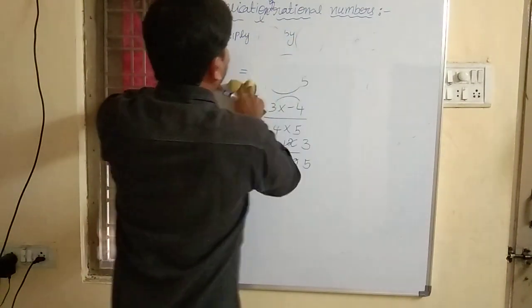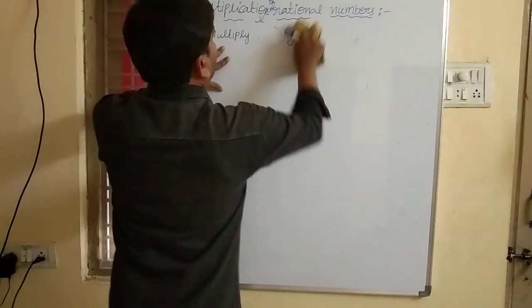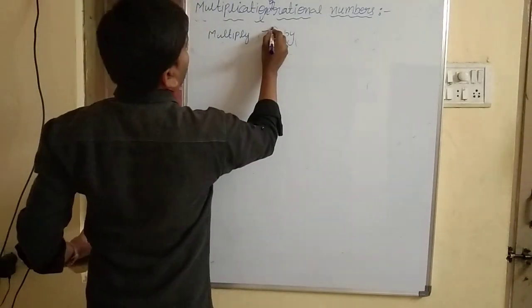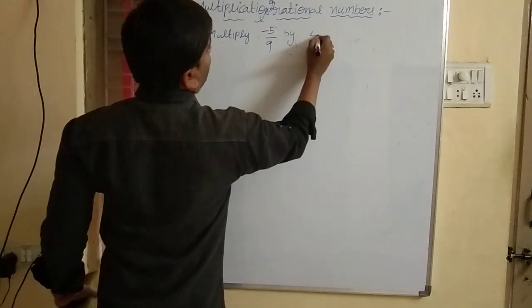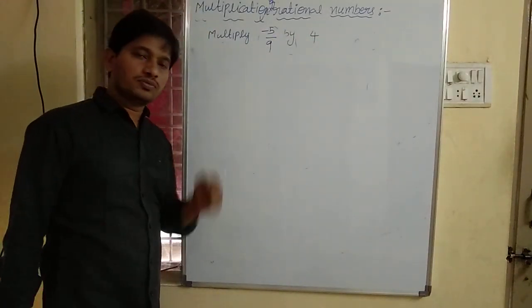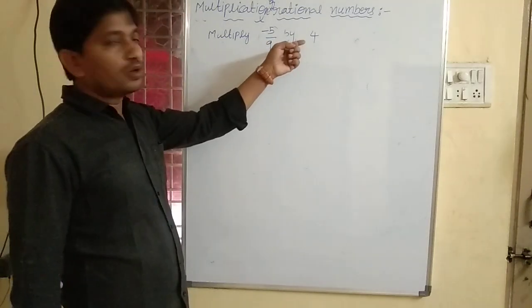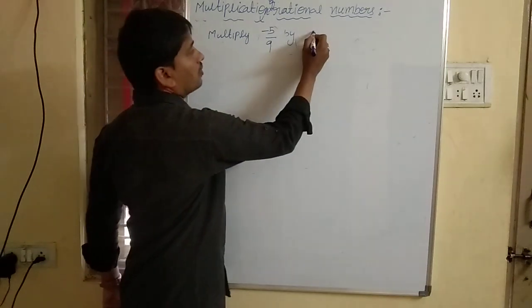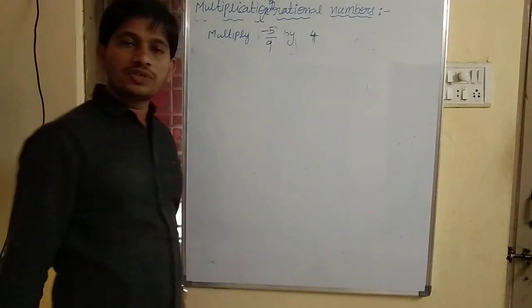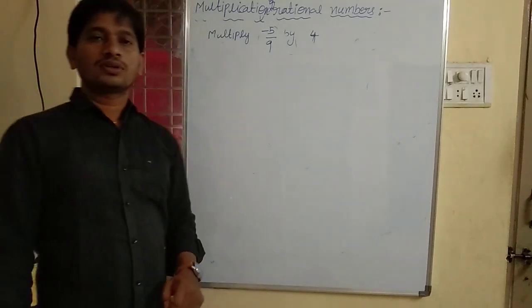Multiply minus 5 by 9 by 4. So students, here you don't get confused. Here we have only 4. Is 4 a rational number? Yes, of course 4 is a rational number.